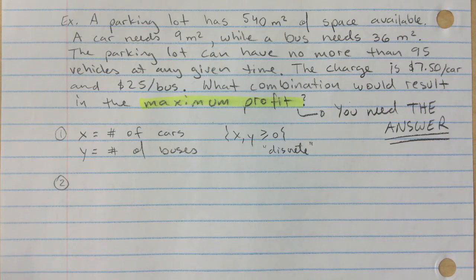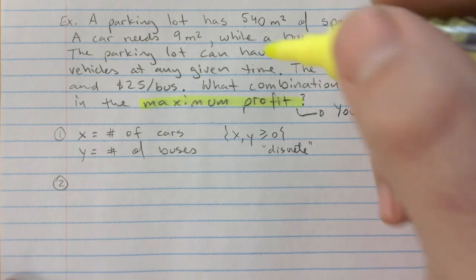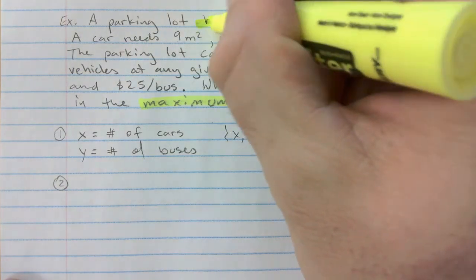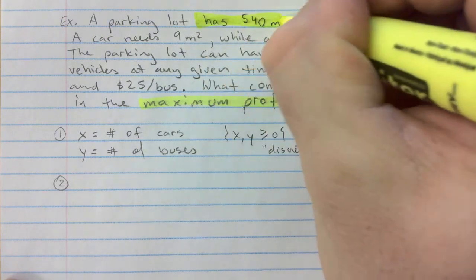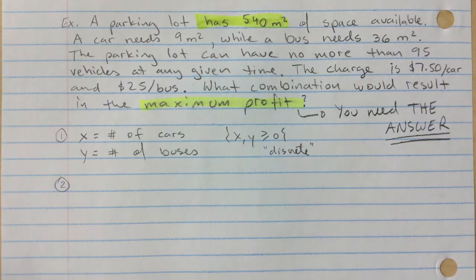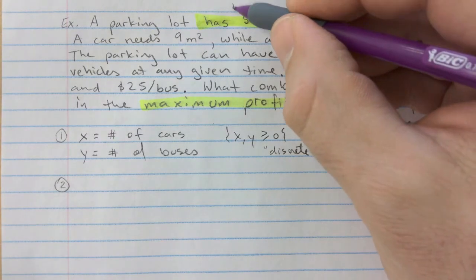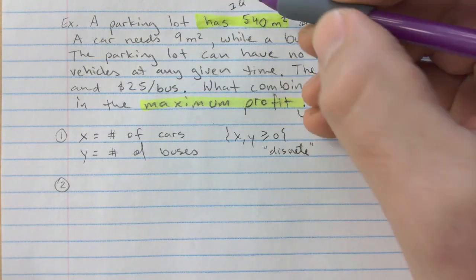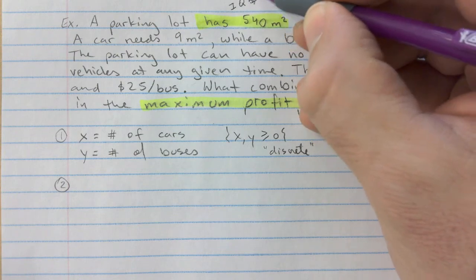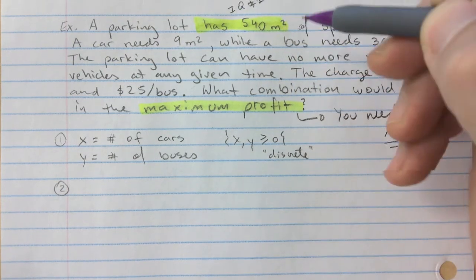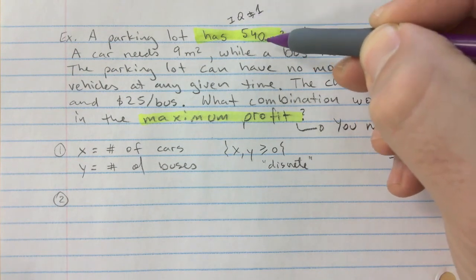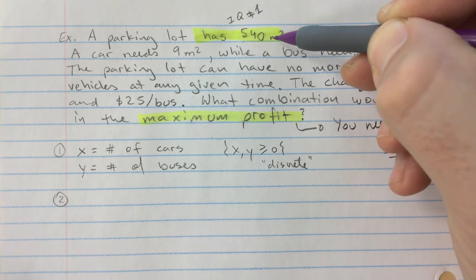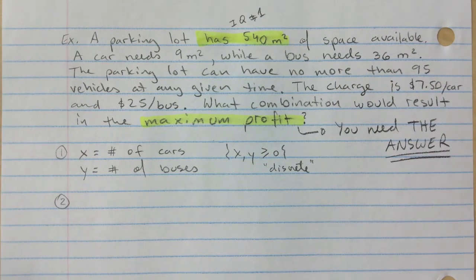The parking lot only has 540 square meters of space. That's right. So there has 540 square meters of space. So that's inequality number one, right? So I'm going to call this inequality number one, IQ1. So you get your first inequality out of that somehow.